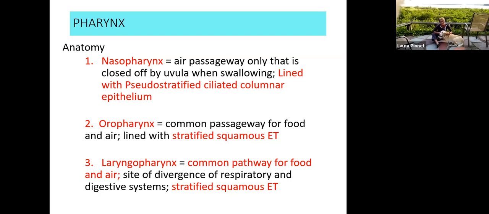It's going to be lined with stratified squamous epithelium, because food is very rough and very textured. So where we have air only, primarily in this system, will be lined by pseudostratified ciliated columnar epithelium. But where you have food primarily passing, it's going to be lined with stratified squamous epithelium.